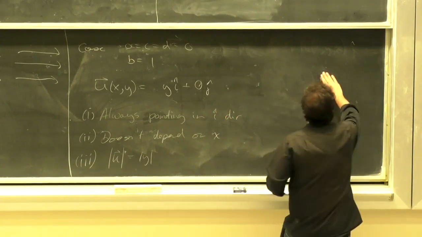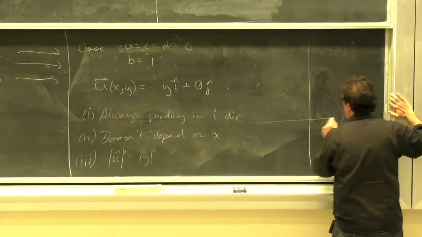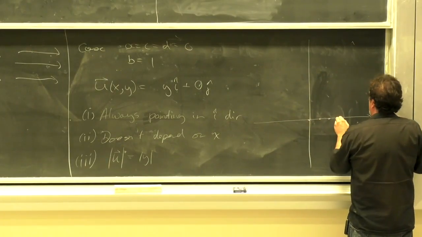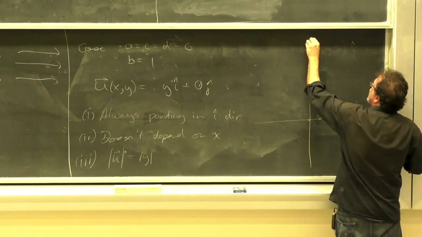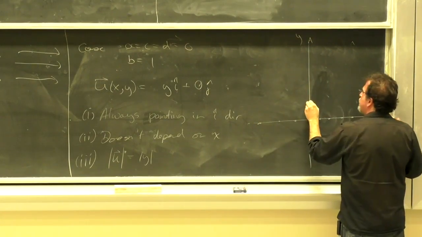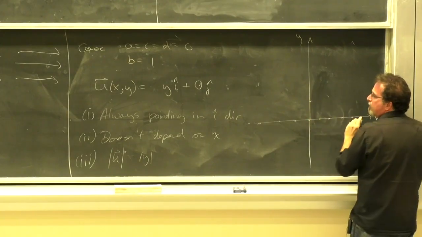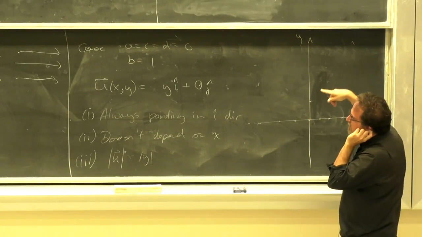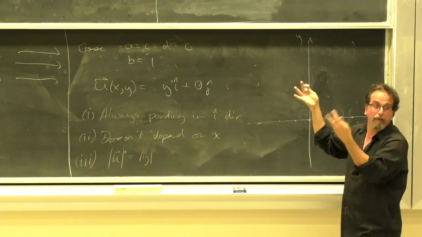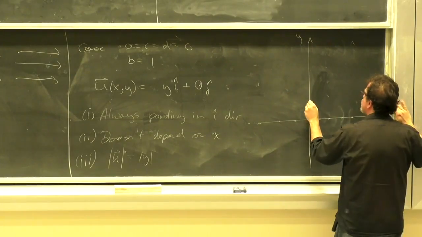So what does this thing look like? At y equals 0, it's the zero vector field now. So along this axis right here, it's the zero vector field. As you get a little bigger in y, what happens? Well, as y is positive, u is positive. So at y equals 1, u equals 1 i hat. So it's going like this.